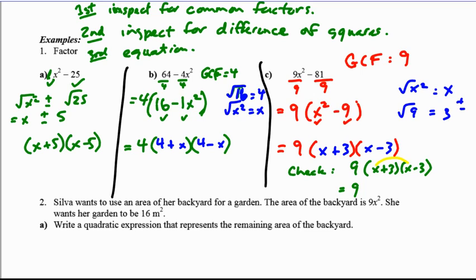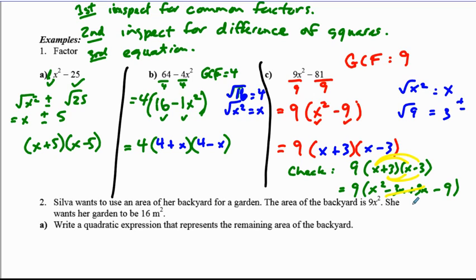x times x is x squared. x times negative 3 is negative 3x. x times positive 3 is positive 3x. And 3 times negative 3 is negative 9. Of course, these cancel out.